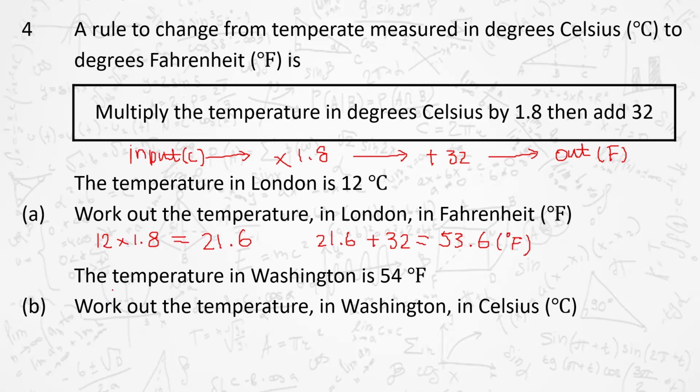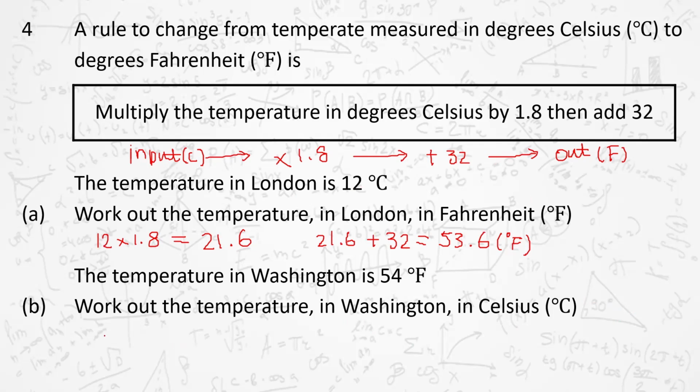Now we have part B. The temperature in Washington is 54 Fahrenheit. Work out the temperature in Washington in Celsius. So this is the one we need to go backwards from the output to the input. That means we need to do the opposite of what's originally from left to right.